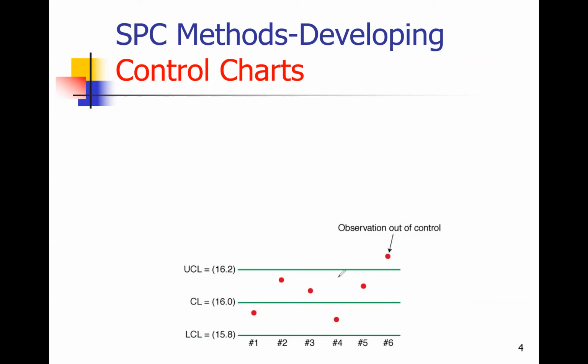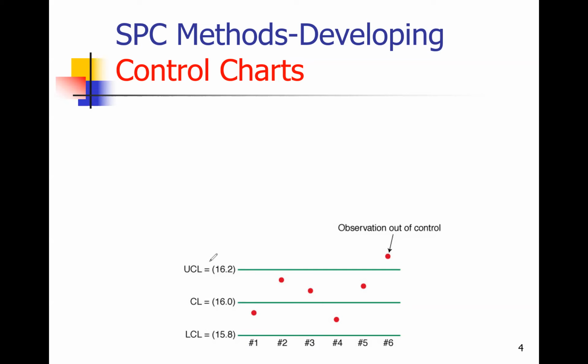Usually organizations set these lines and they check whether their production is within the limit. If something is out of the limit, then the management takes extra care. Why is my defect rate more than my control limit?